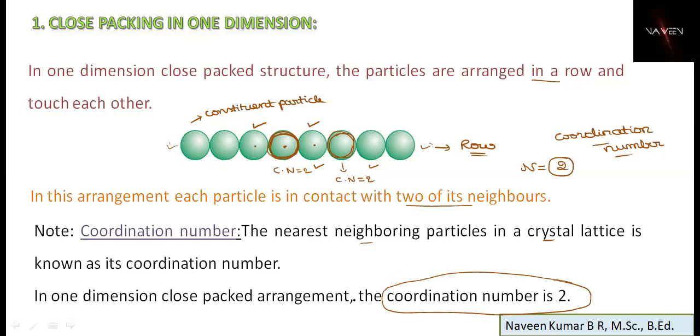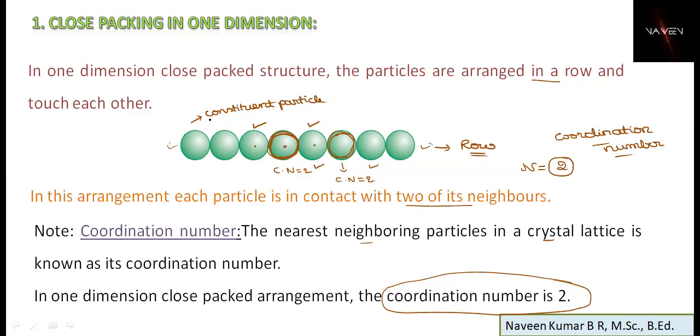Now we'll try to learn the two-dimensional arrangement. It is simple. Once we understand the arrangement of particles in a row, in the two-dimensional arrangement we place other layers above it. Once the one-dimensional arrangement is done, we go on to understand the two-dimensional structure, placing similar rows above it.